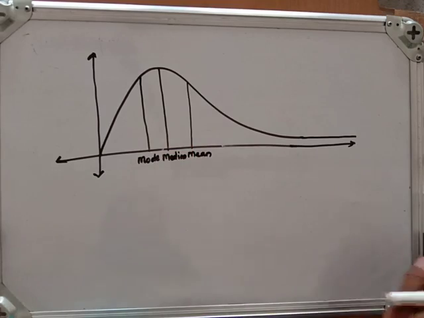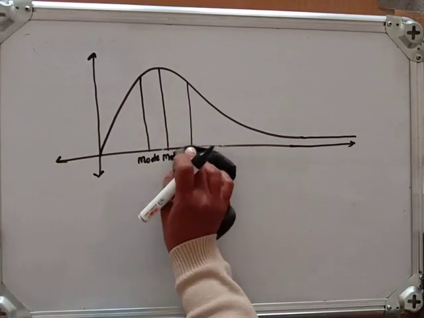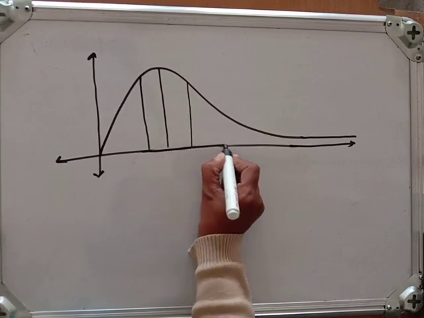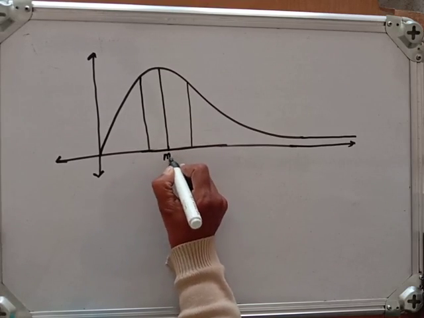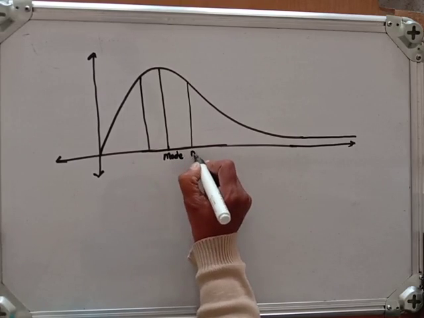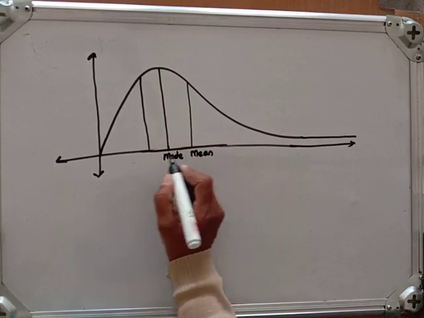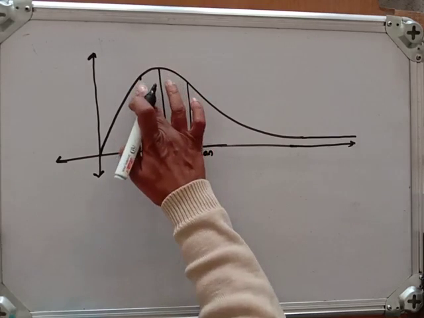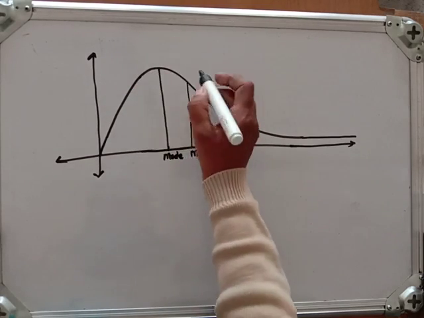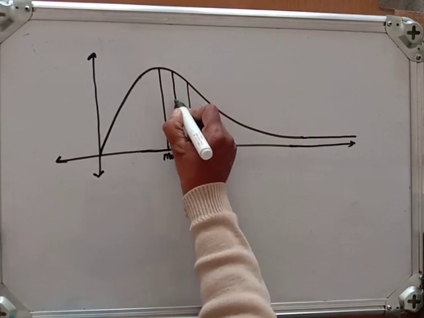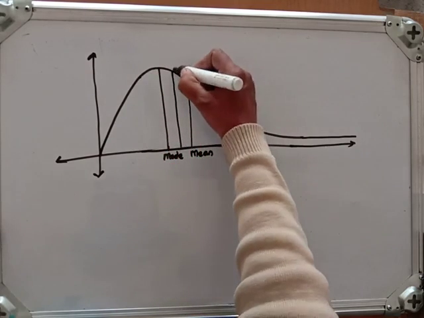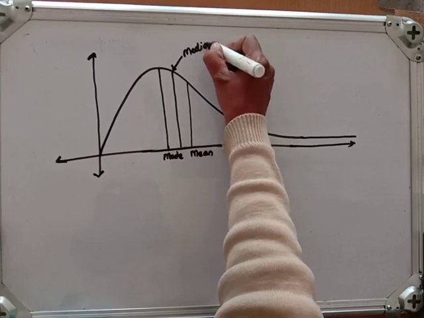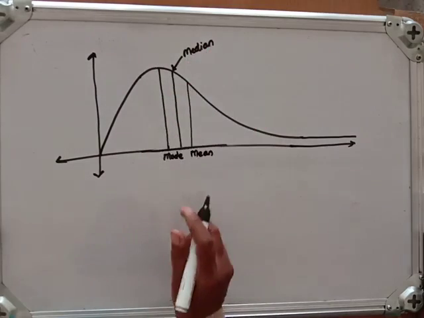okay, sorry, I was right previously: the maximum number of observations is the mode, here obviously the mean, and in between them here the median occurs. This is the median, okay, this is the mode, the highest one.